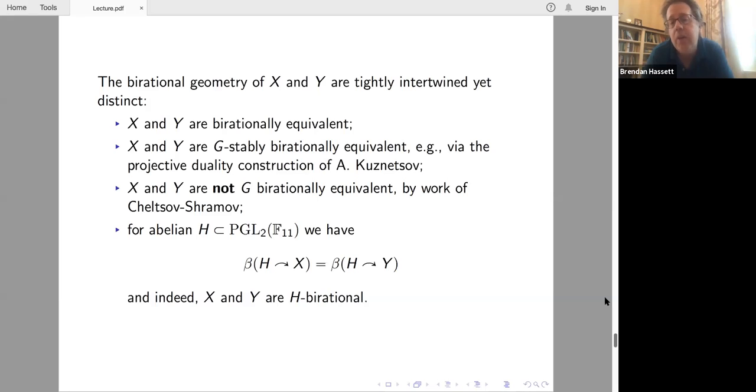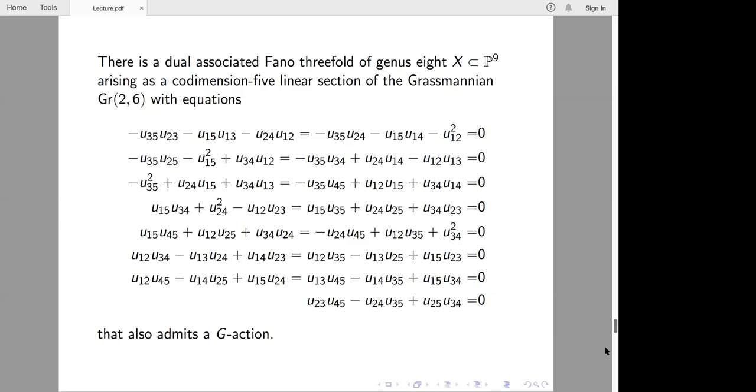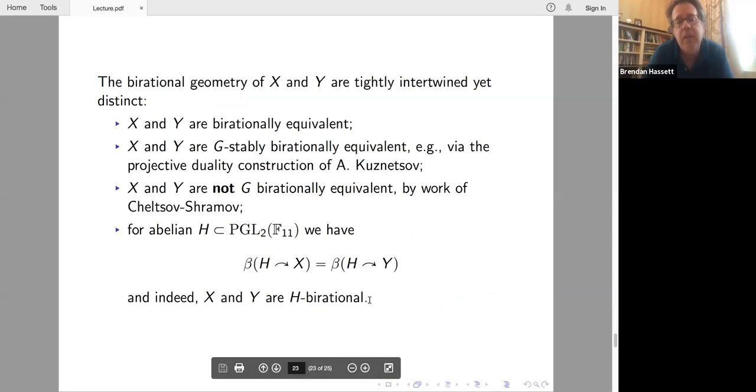It could work for other subgroups that are non-abelian. There are other maximal subgroups. It's a pretty involved computation to evaluate all the stabilizers. There are a lot of cases to look at, but there is a chance that the Kresch-Tschinkel invariant could actually distinguish these. But the abelian invariants do not.